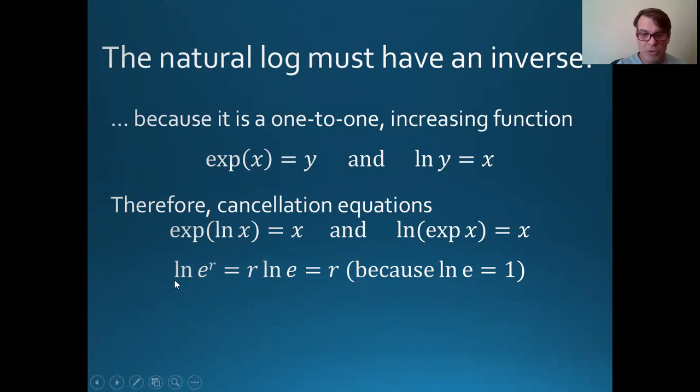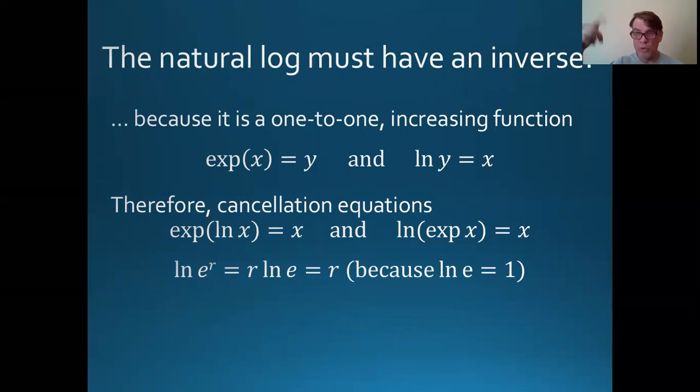If we take the natural logarithm of e to the r, using the rules of exponents from the previous section, we can pull the r out in front. The natural logarithm of e to the r equals r times the natural logarithm of e.